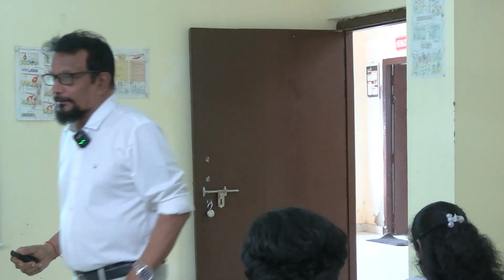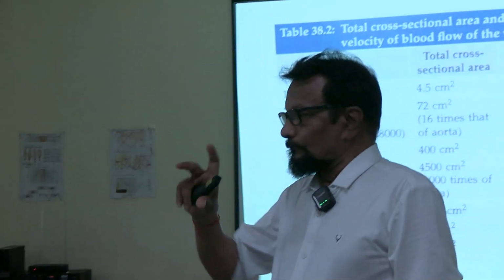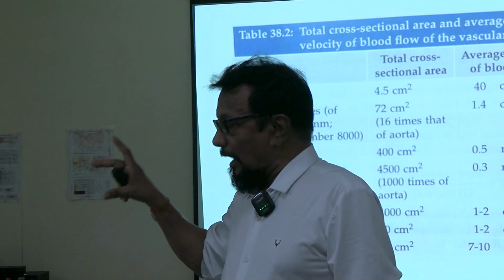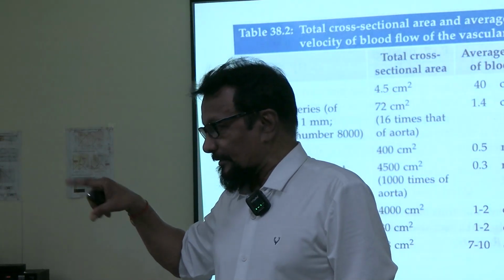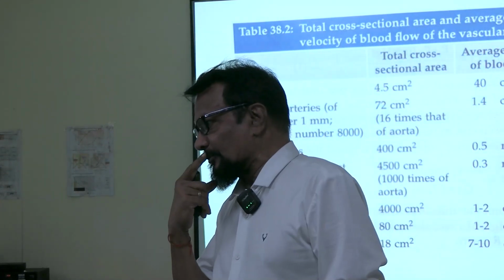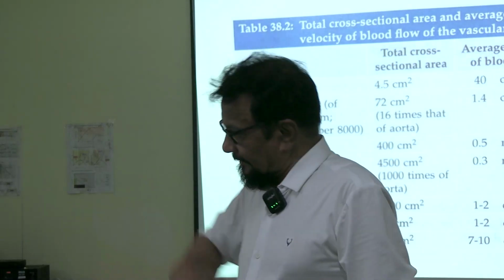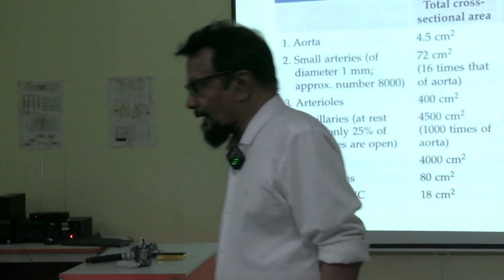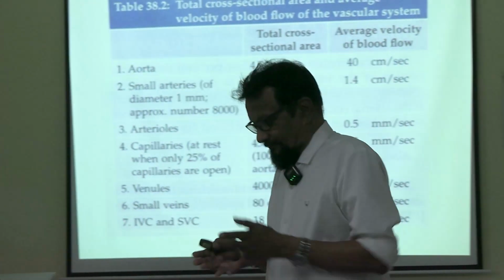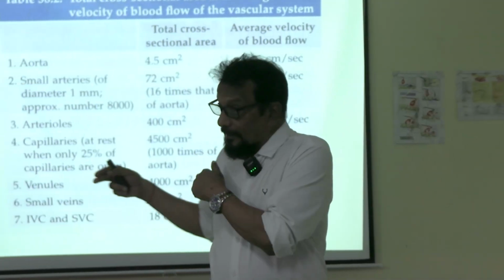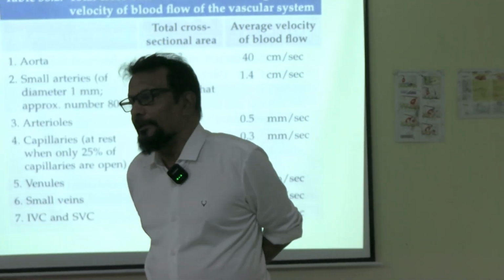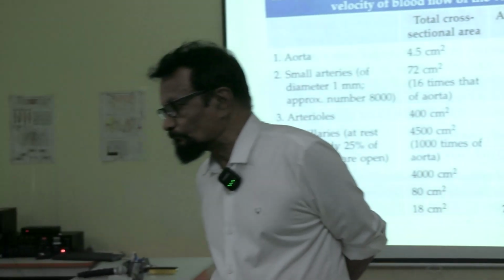Now one thing, you tell me. At the beginning of the arterial system, the vascular system, in the aorta, what would the blood pressure be? 120 by 80. Okay. Now if you proceed gradually towards the capillaries, what will be the pressure?